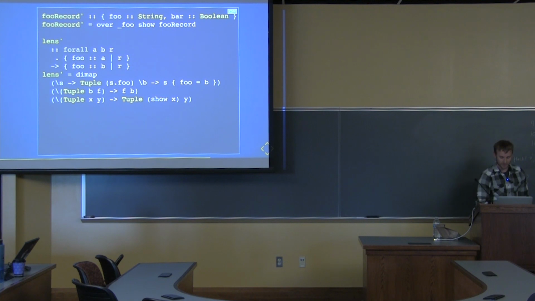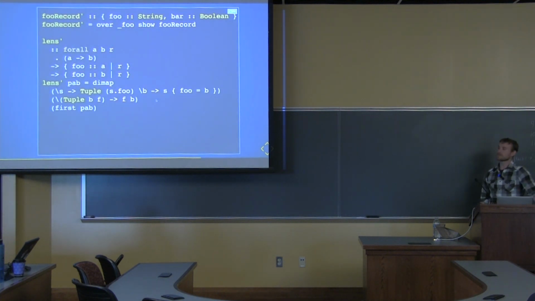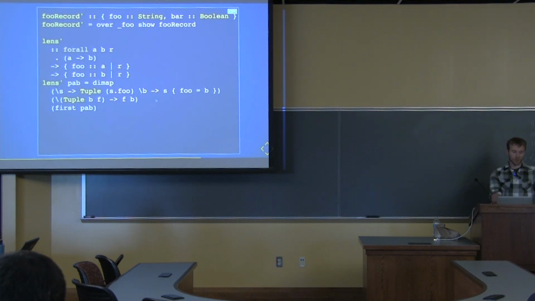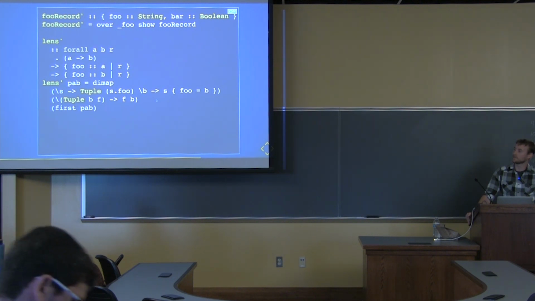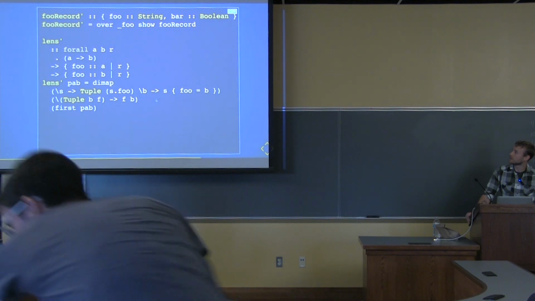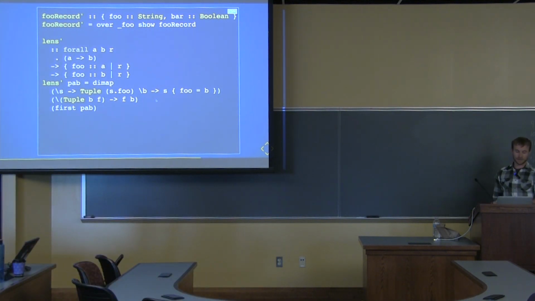Can you go back once? Yep. Oh, so the show went to F? Yeah, show went into PAB. Okay. And then first of show, show becomes the F then? No, show becomes PAB. Because if you think about this, all this right here is foo. So foo is a function that's awaiting an A to B and a record, and it's going to give us out a record.